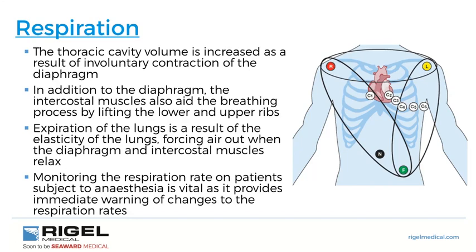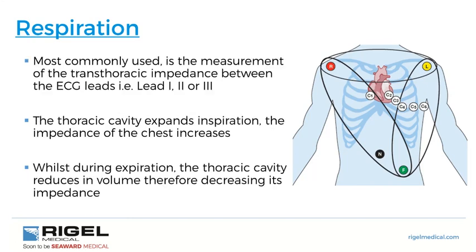to make sure that any changes in respiration rates are viewable, and alarms can be set up. Most commonly used is the measurement of the transthoracic impedance between the ECG leads, either lead 1, lead 2 or lead 3.